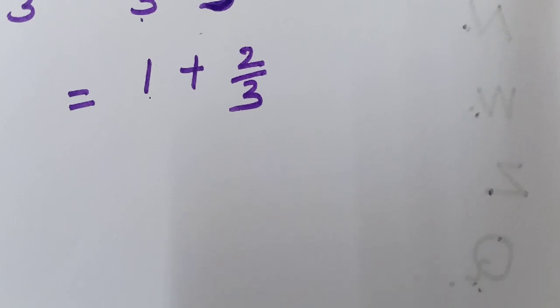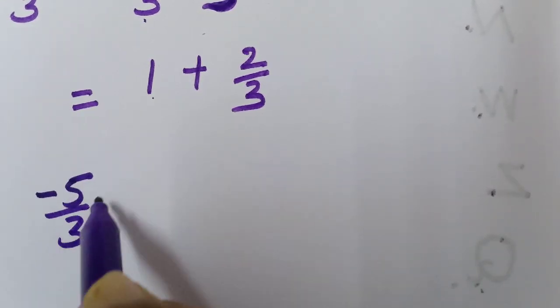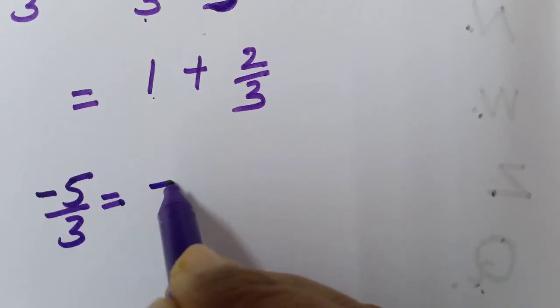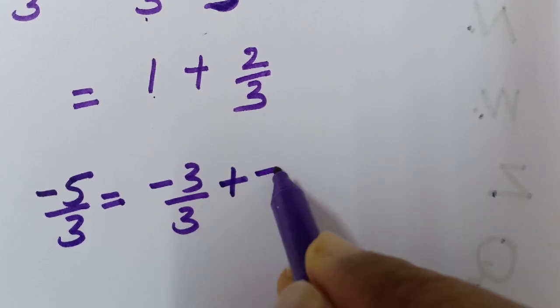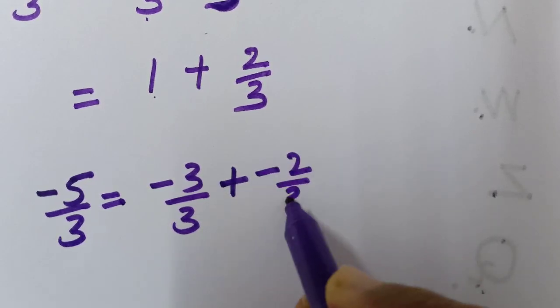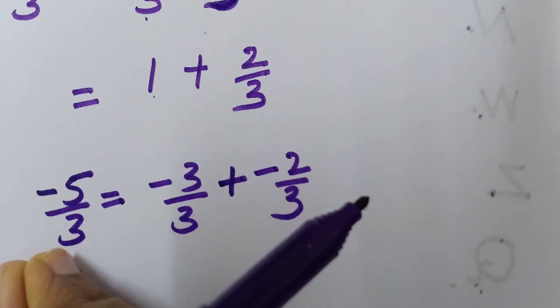Why did I write minus 3 by 3? Because minus 5 by 3 can be written as minus 3 by 3 plus minus 2 by 3.